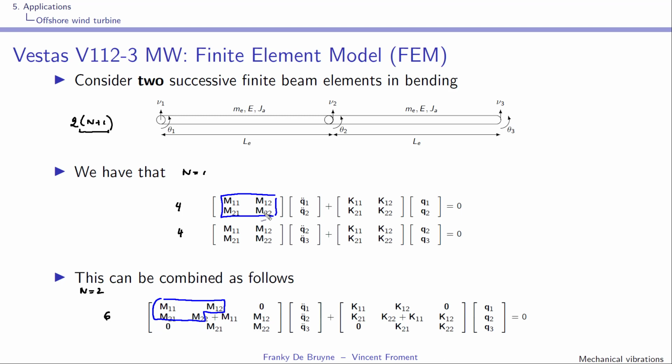And the second matrix that you see over here, you have to stack it in this big matrix, but shifted, and you can see it appearing over here. So to construct the overall M matrix, you can do this very easily from the elementary M matrices.